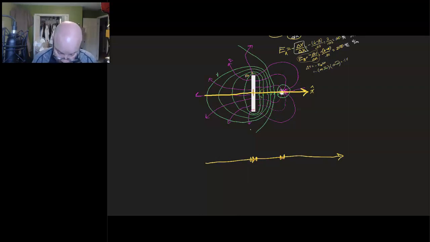What we're going to do is graph potential as a function of position. On my bar, I know that the potential is 10 volts, so that's my 10 volt level right there.